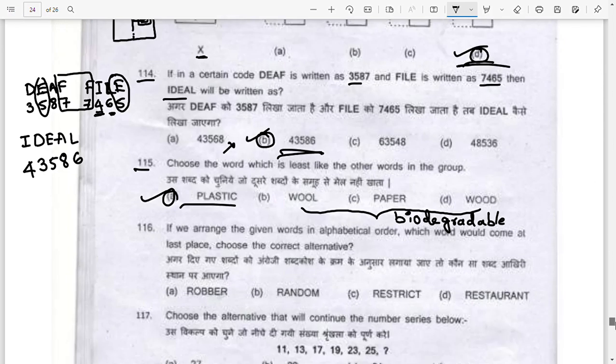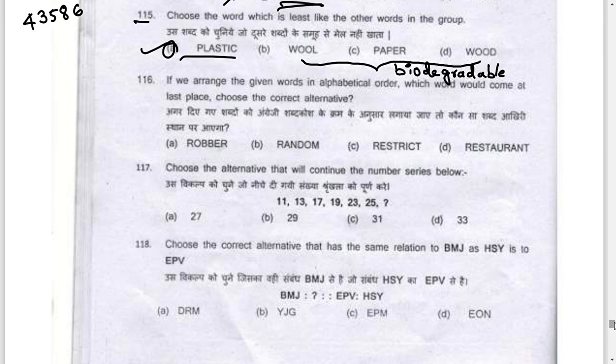Now go to the next question. 116, that is, if we arrange the given words in alphabetical order, which word would come at last place? Choose the correct alternative. So some words they have given here: robber, random, restrict, restaurant. So you have to write in an alphabetical order. R A comes first, that is random comes first.